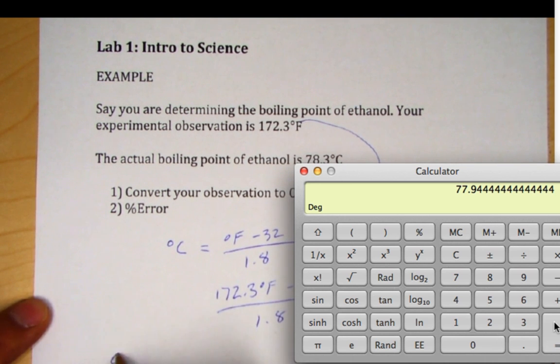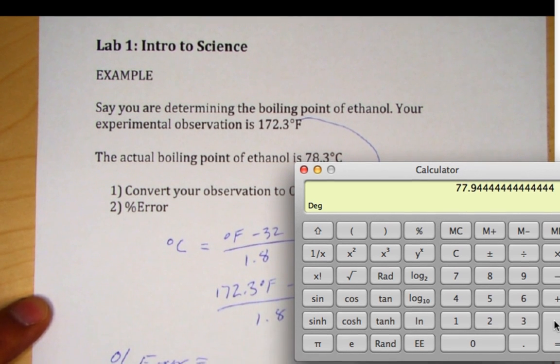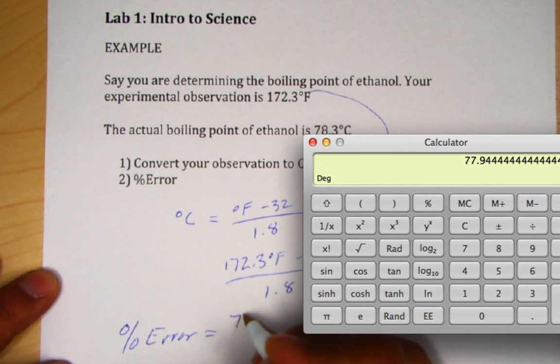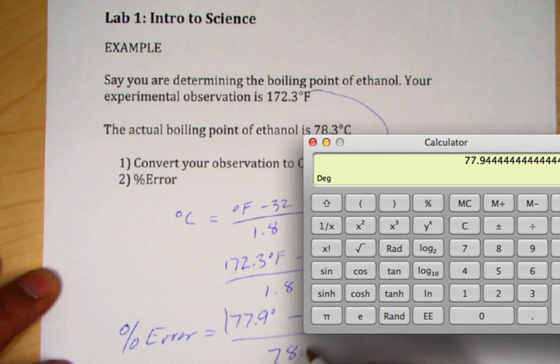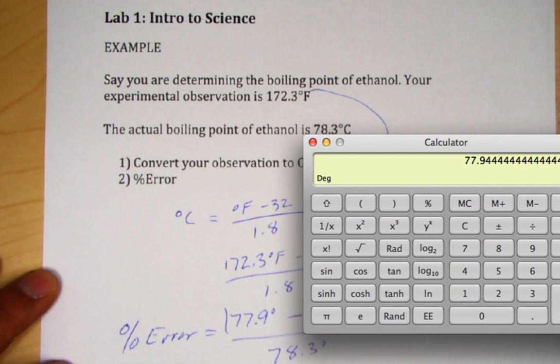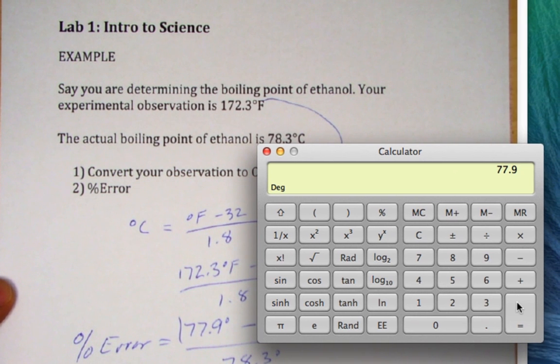So for percent error, we're going to take that experimental, which is 77.9 degrees, minus the 78.3 degrees, absolute value of that, divided by the 78.3 degrees, and then times 100. So when we do this, we'll take the 77.9 minus 78.3.